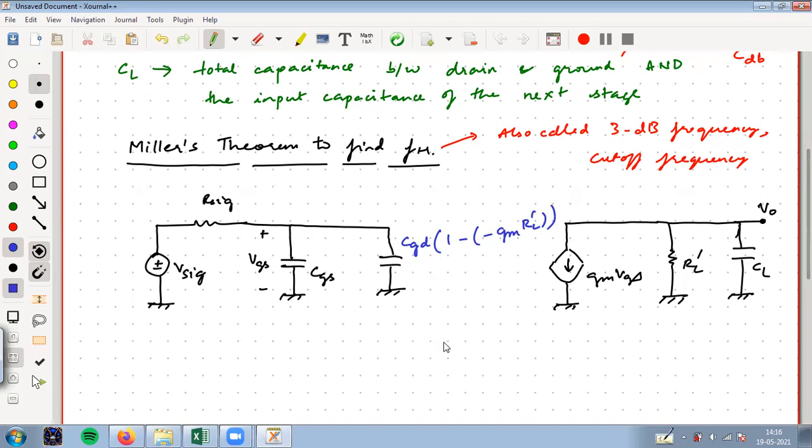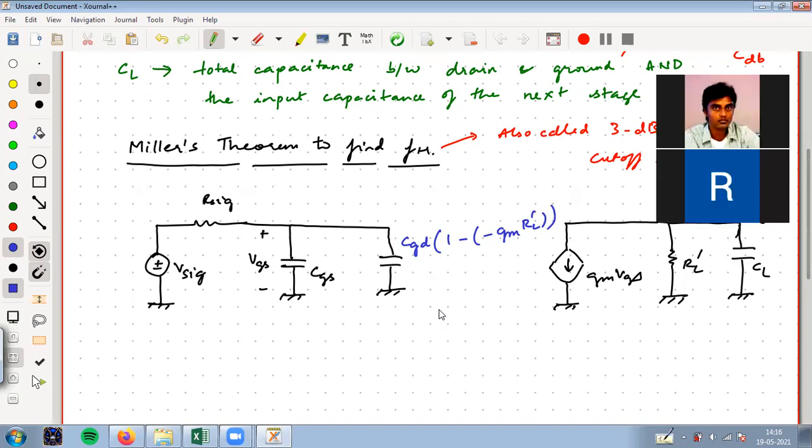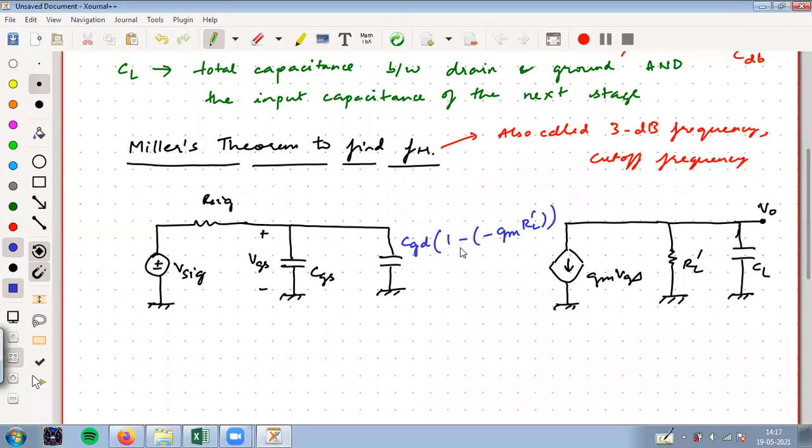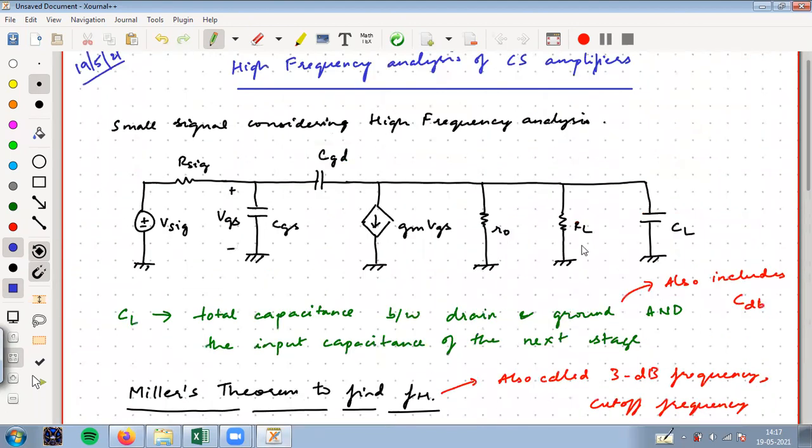Remember, it is CGD into (1 minus gain). Gain here in your common source is minus gm into (RD parallel R naught parallel RL). So here RL prime is actually R naught parallel RL; I have taken these resistances in parallel and I will call it RL prime.